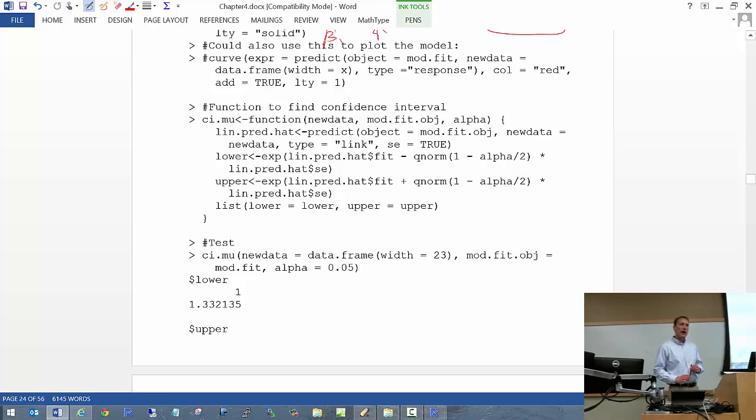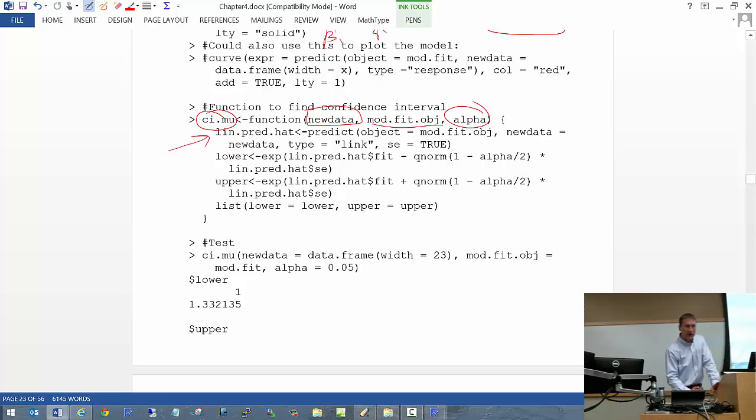To help you out, and you might want to use this function in other settings as well, I've written a function called ci.mu that basically uses the same techniques that we had just seen a few minutes ago in my program to find a confidence interval for mu. In this function, I'm going to pass in my x values that I want to predict at, my model fit object from GLM, and then whatever I want for alpha to be.